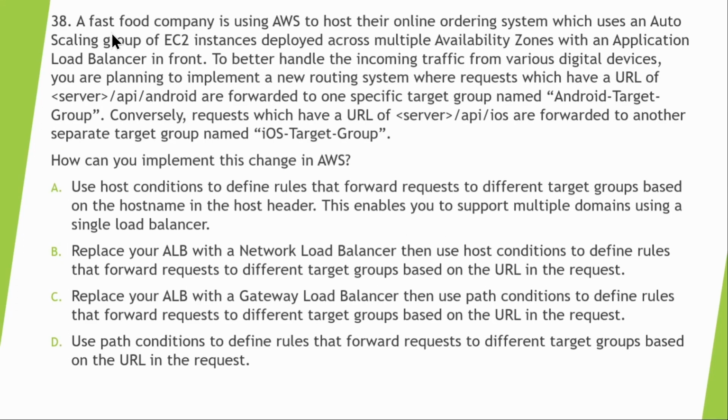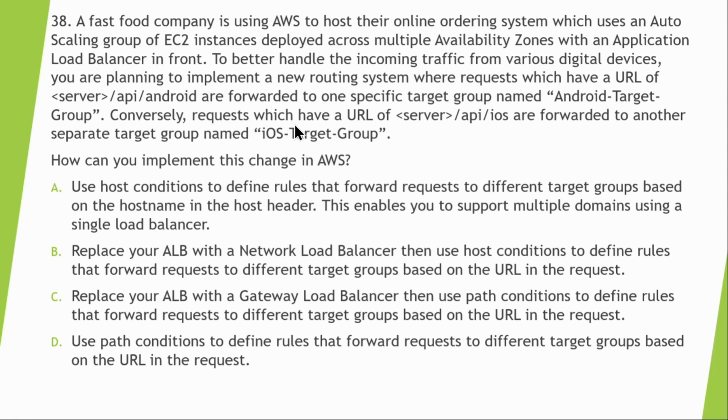A fast food company is using AWS to host their online ordering system, which uses an auto scaling group of EC2 instances deployed across multiple AZs with an application load balancer in front. To better handle the incoming traffic from various digital devices, you are planning to implement a new routing system where requests which have a URL of so and so are forwarded to one specific target group named Android target group.